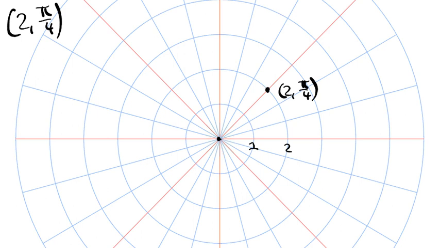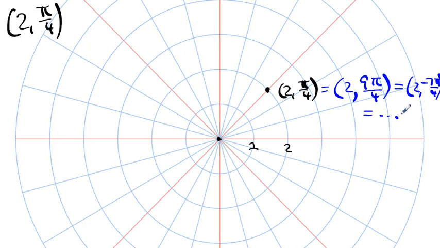However, you could also get to this point by going 2 out from the origin and rotating 9 pi over 4. Or you could get this point by going 2 from the origin and rotating negative 7 pi over 4.